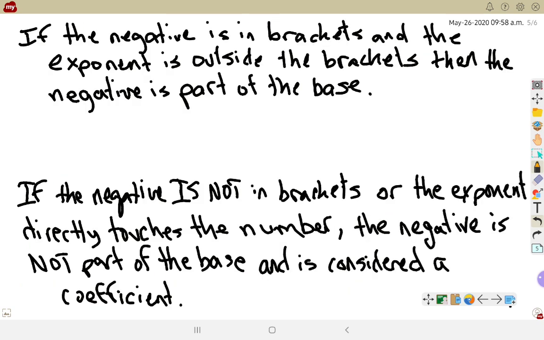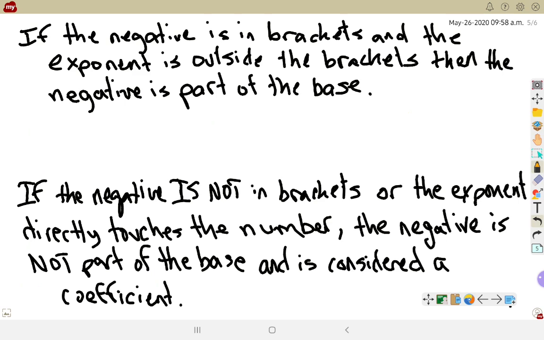If the negative is sitting out front, then it's just part of what we would call the coefficient. So if the negative is in brackets and the exponent is outside the brackets, then the negative is part of the base. If the negative is not in brackets, or the exponent directly touches the number, then the negative is not part of the base, and it is just considered a coefficient. So we need to be really careful with where that negative sign is.